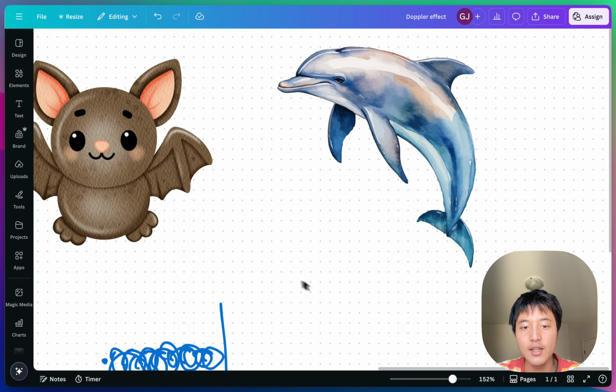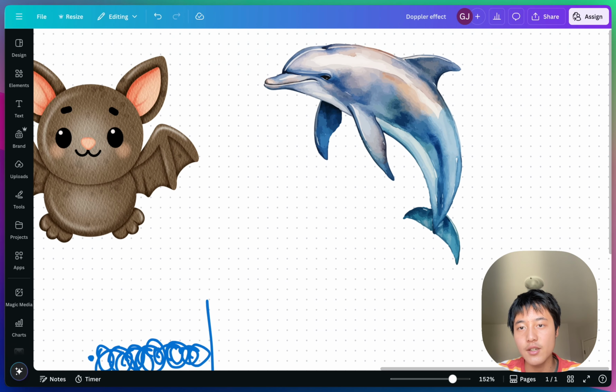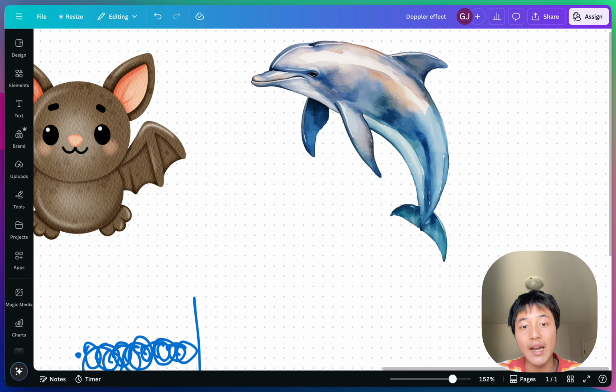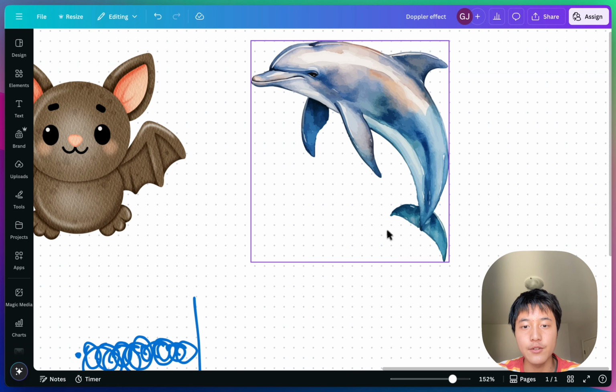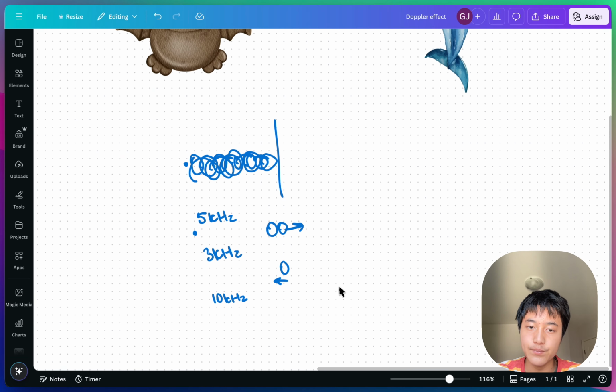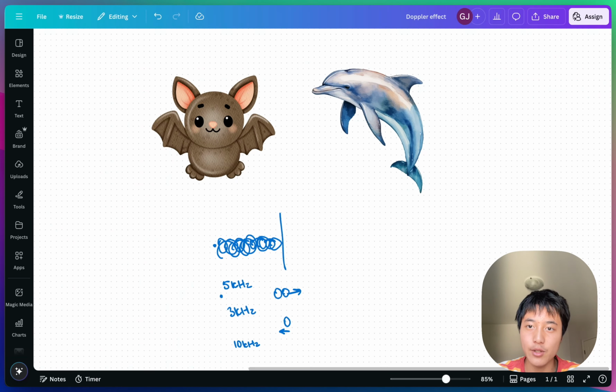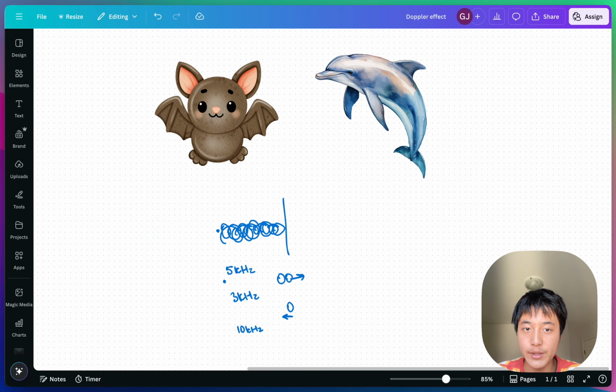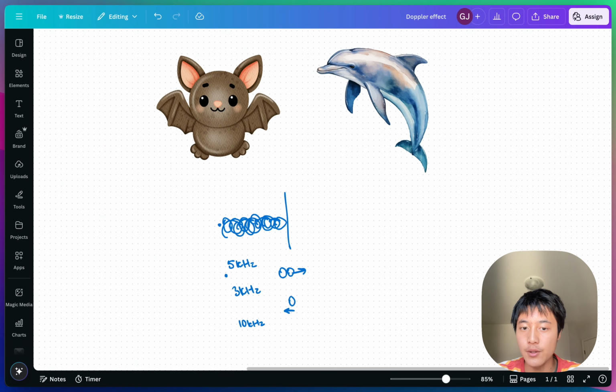And for dolphins, we know that they do clicks in water, and sound actually travels faster in liquids and solids because sound is a mechanical wave, so it requires a medium. I think it travels like 1,400 meters per second in water, so it's even faster than in air for dolphins. So that's how they use the Doppler effect for practical purposes, for hunting and to get food.